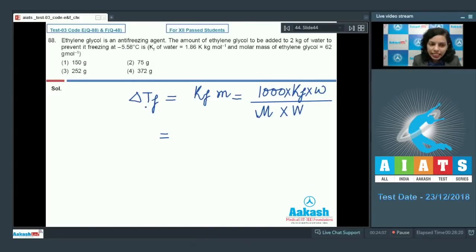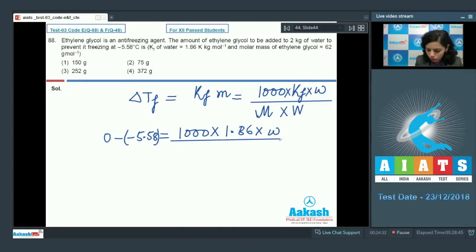So definitely you can find this delta Tf value by considering that the solvent is water and its freezing point is 0 degrees Celsius. Now 0 minus minus 5.58. This Kf value is already given in the question, that is 1.86, multiplied by W, and W is the value that we need to find out. After this, the molar mass of the solute is also given, 62 gram per mole, and the weight of the solvent taken is 2 kg.